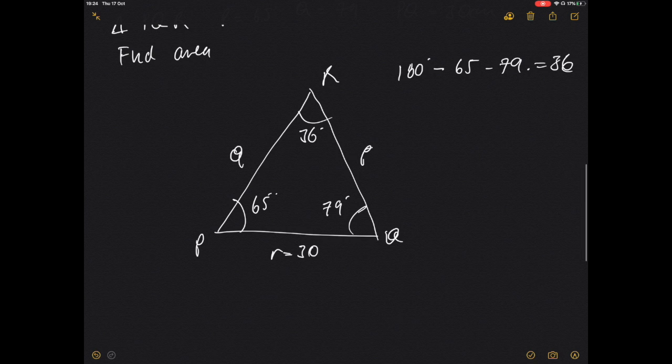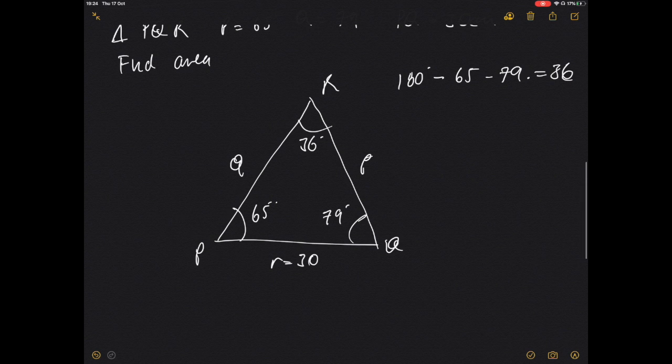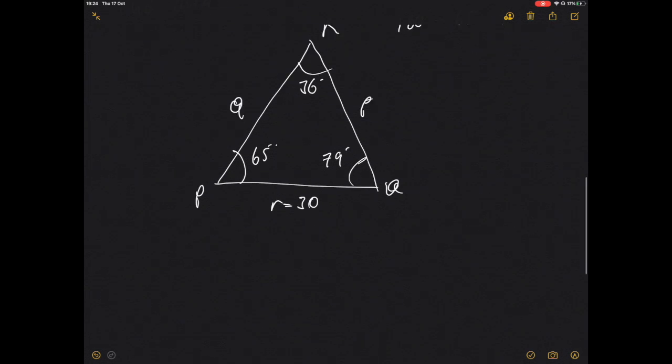And now we want to find the height. We can do this one of two ways, either from P or from Q. So let's go for P. We're after P, so this means we can use the sine rule.